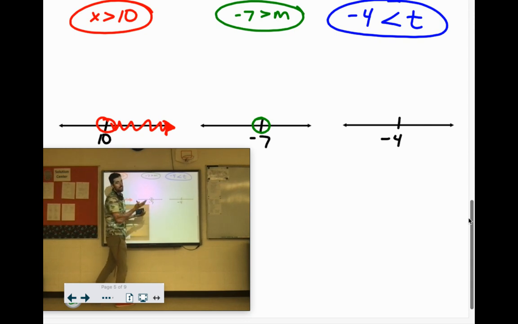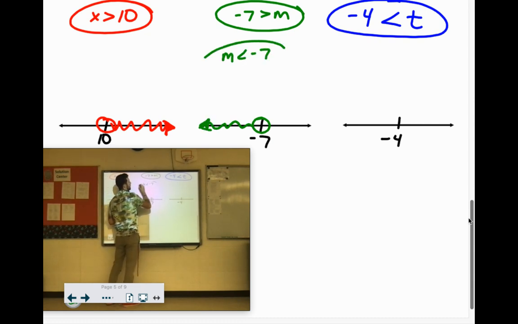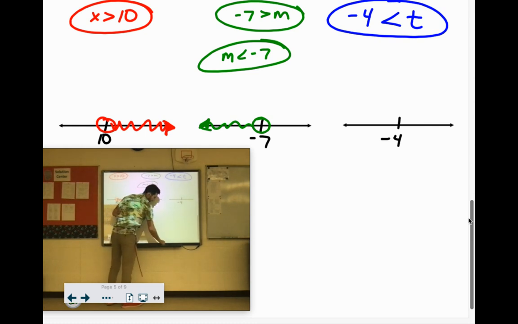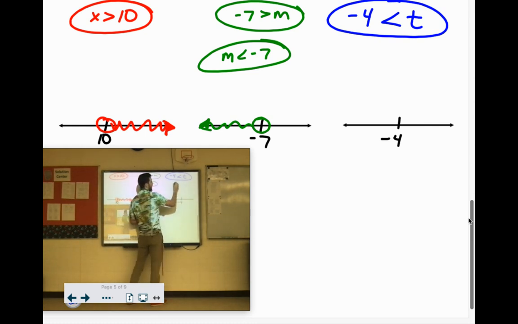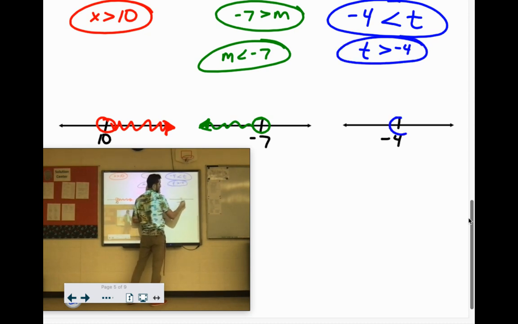The letter's second, so we'll go against the arrow. It's pointing right, so we will shade left. Or if it helps, rewrite it: m is less than negative 7. Same thing here. If it helps, rewrite it as t is greater than negative 4. So it would be an open dot on negative 4 and shaded to the right.